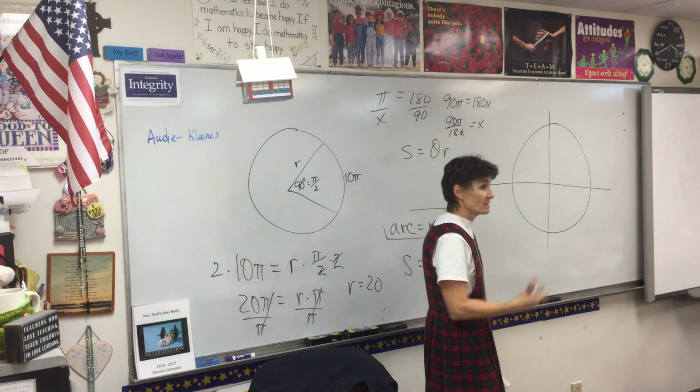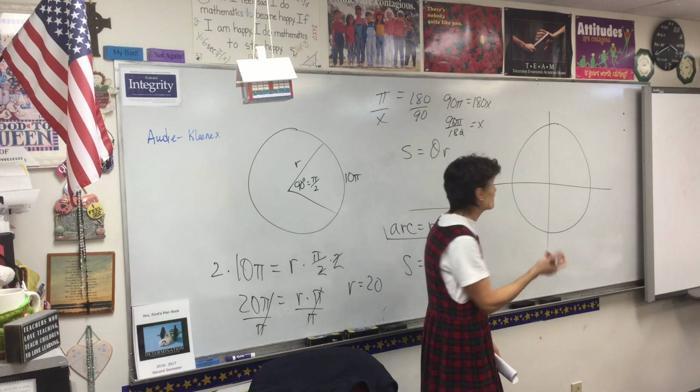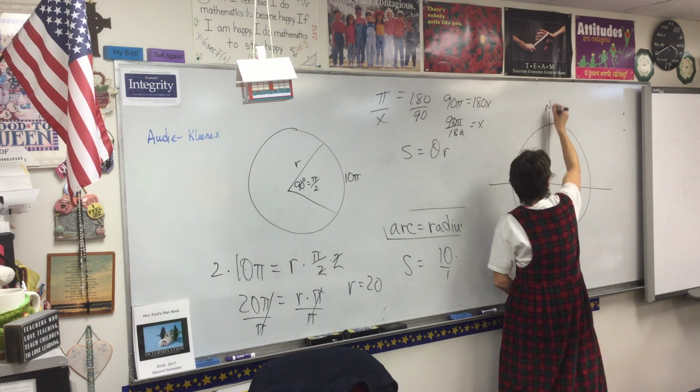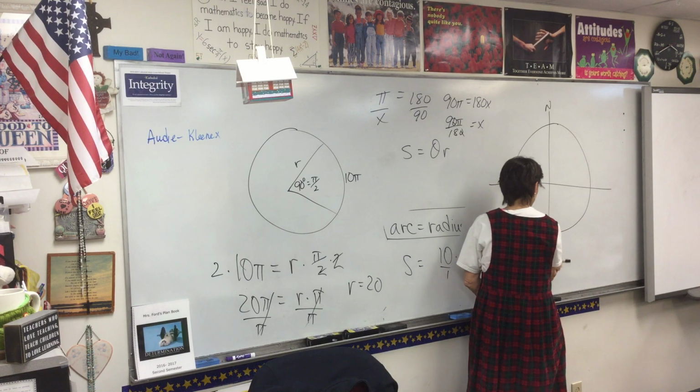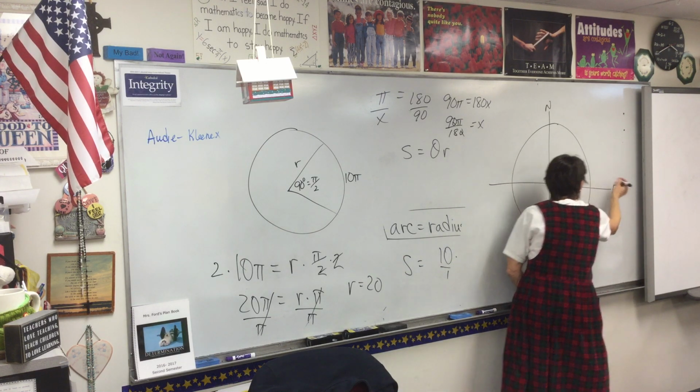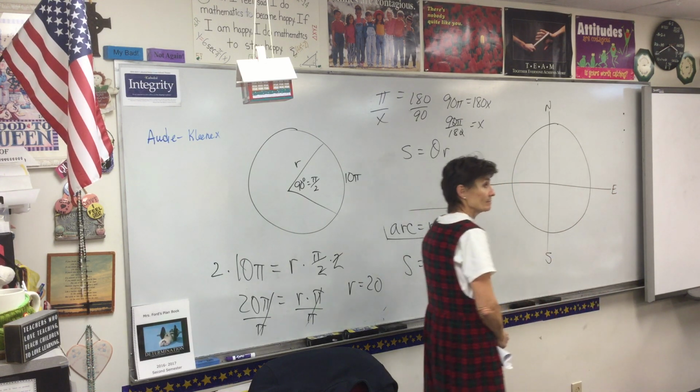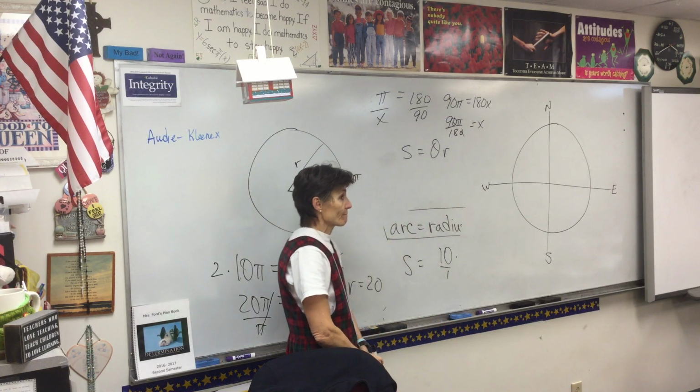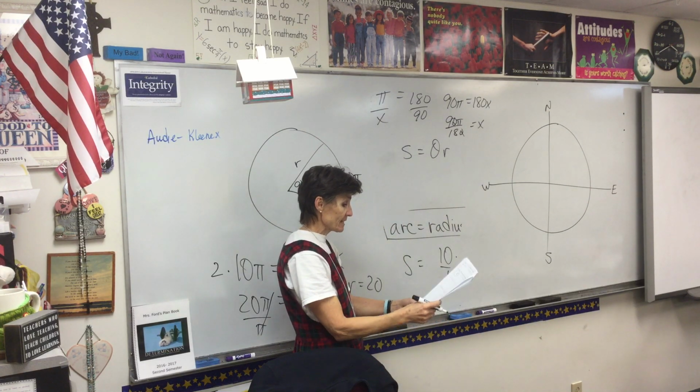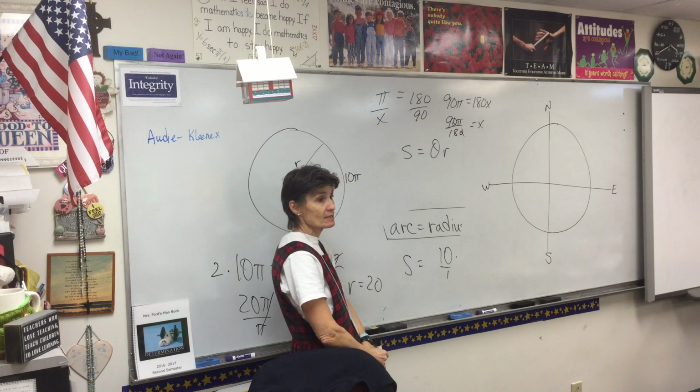Have you all seen a compass before? You know what a compass looks like, right? This is north. This is south. This is east. And this is west. Yep, we're on part 6 now, using the compass that's in our textbook.